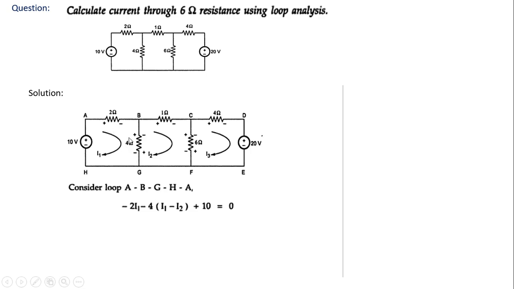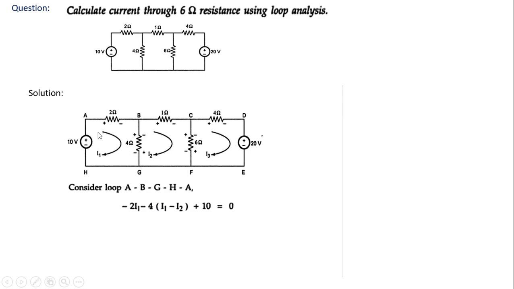And then the voltage drop across the 4 ohm resistor. Here the leaving end is minus, so again minus 4 of (I1 minus I2). I1 is positive, I2 is negative. Why?